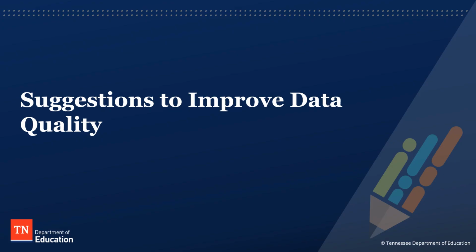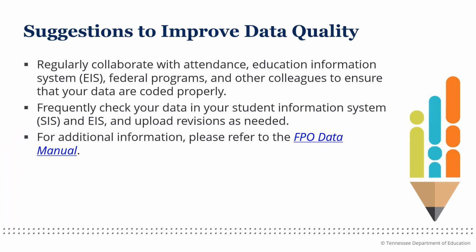A few suggestions to improve data quality. The first one is collaborate. Collaborate with your colleagues in attendance, federal programs, technology, and early learning. That's essential to ensuring that your data are complete and accurate. Also, regularly check your data in your student information system and EIS and upload revisions as needed. It is important to take that extra step of going to EIS.